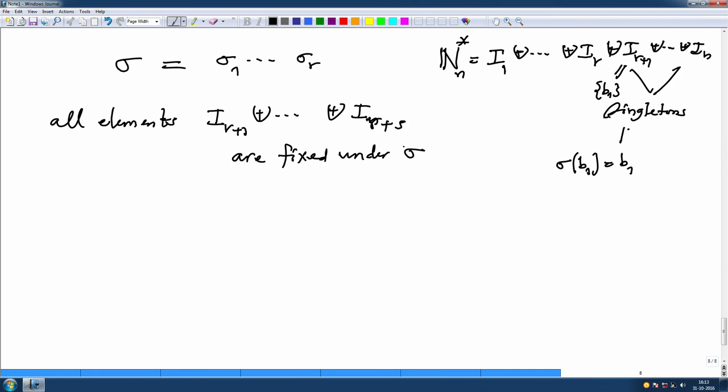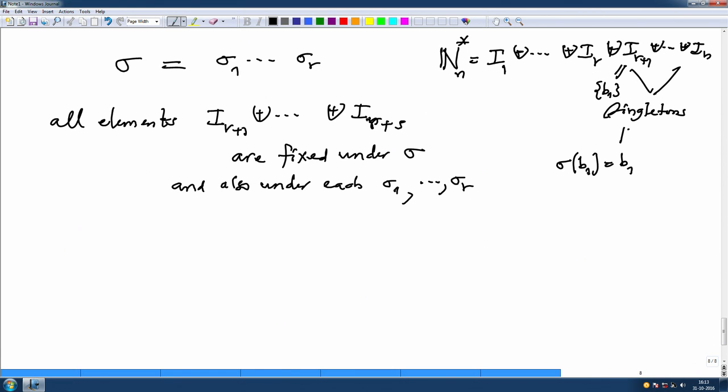So they are also fixed under each of sigma 1 to sigma R. So when I evaluate this side on an element from this set, it is itself, and here also it is fixed. Therefore, the equality happens on this set.